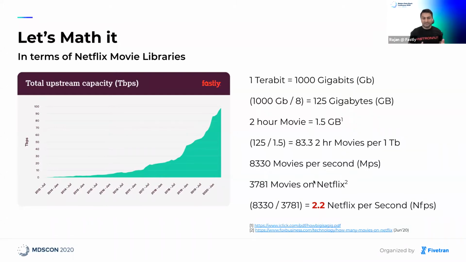If you had to stream that movie, how many movies could you stream on this network? That comes to around 8,330 movies per second. So to put that into context with Netflix, you can stream pretty much the entire Netflix library twice per second on this network. That's amazing.